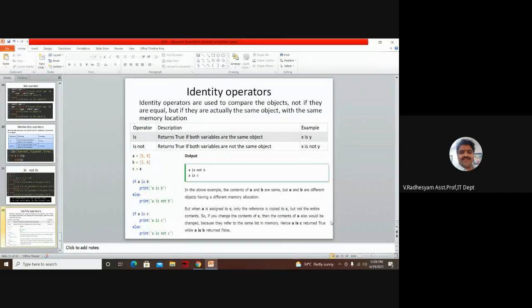What about is and is not? Do they exist in C programming? No, sir, they do not exist. Right? So these are is and is not. There exist a few more operators which we will see in the next class.